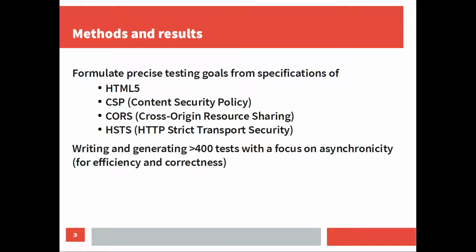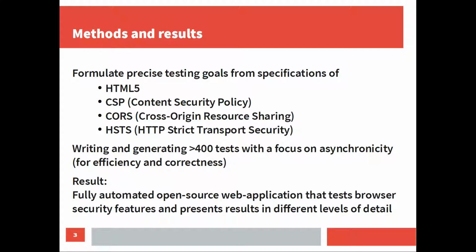Secondly, they are easier to assure correctness, since when using timeouts, it can be a properly failed test, or just an actual timeout. The end result is that the authors implemented a fully automated open source web application, which tests browser security mechanisms and then presents the test results in different levels of detail for different types of users.